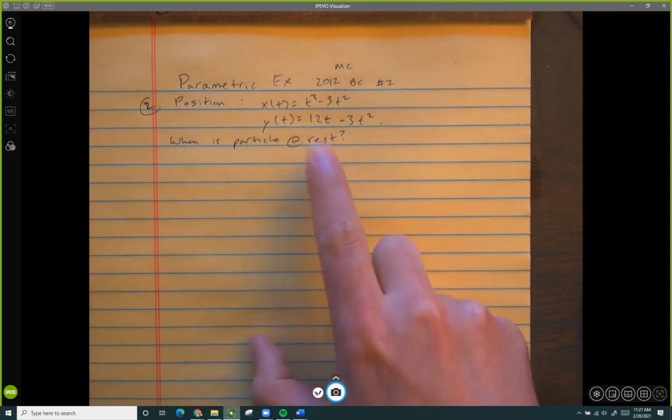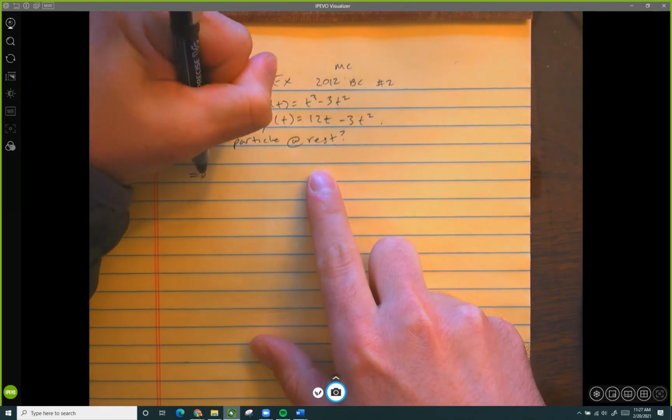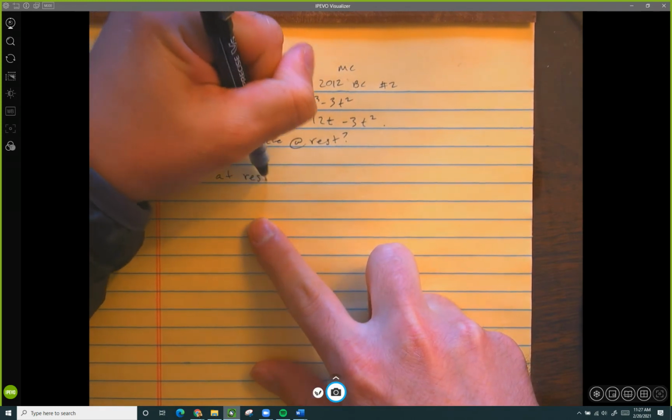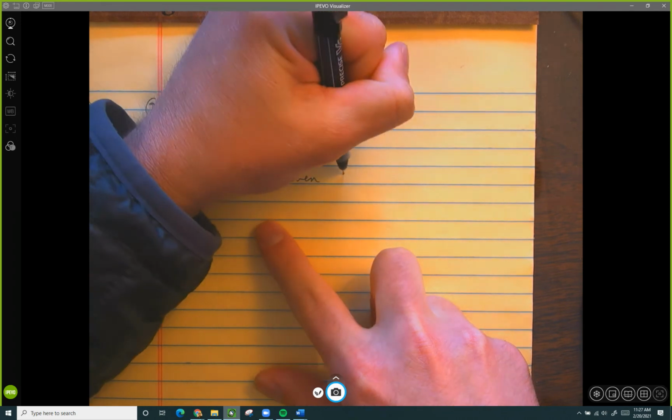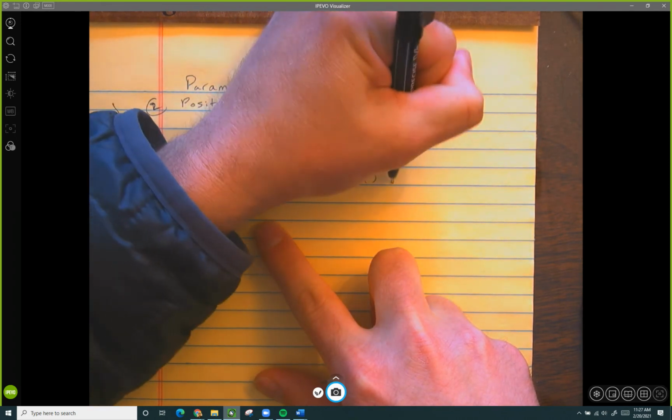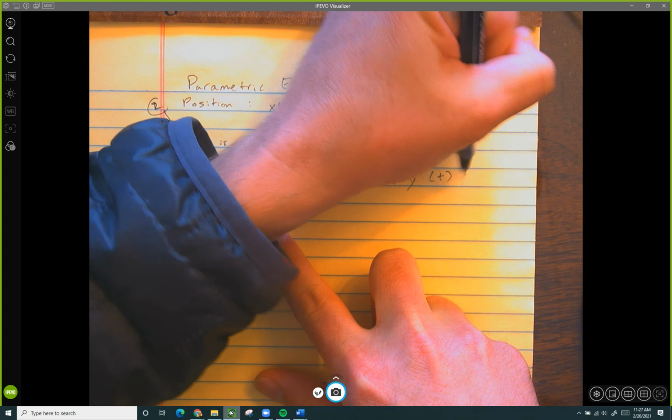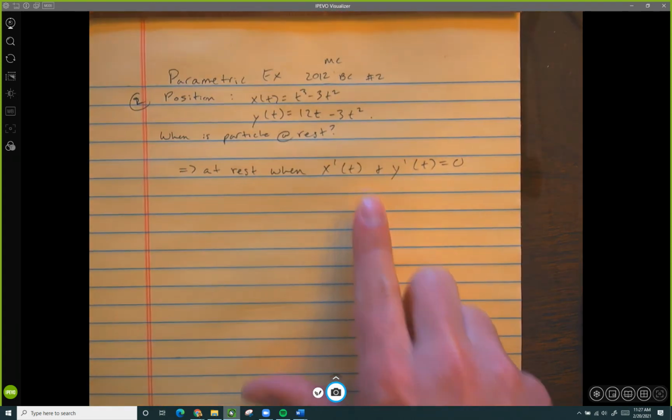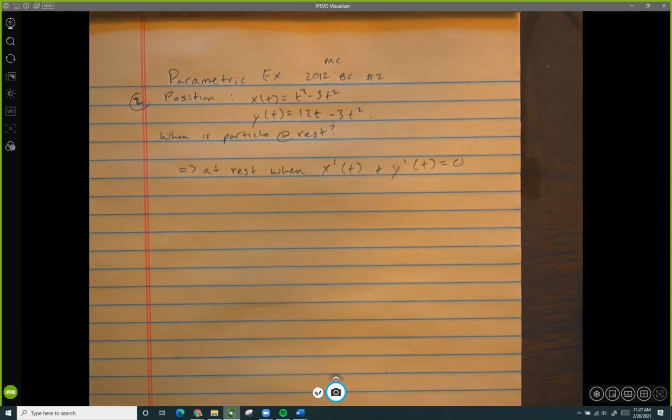When is it at rest? It's at rest when x prime of t and y prime of t equal 0. It's at rest when the horizontal and vertical velocities are 0.